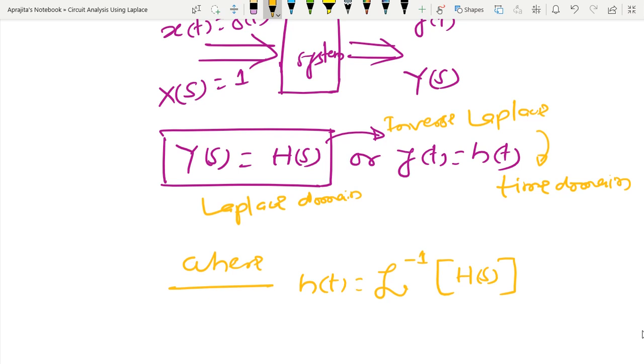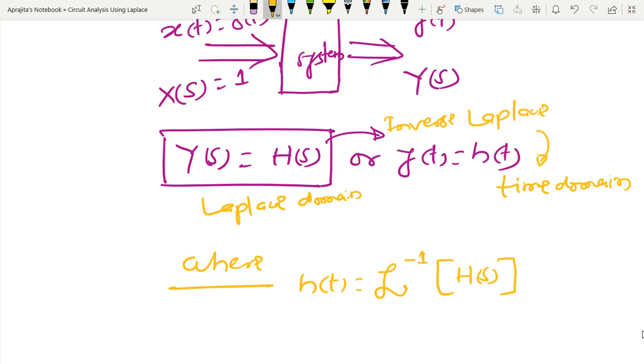So the term h(t) represents the unit impulse response. It is the time domain response of the network to a unit impulse. That is the definition of the unit impulse response.